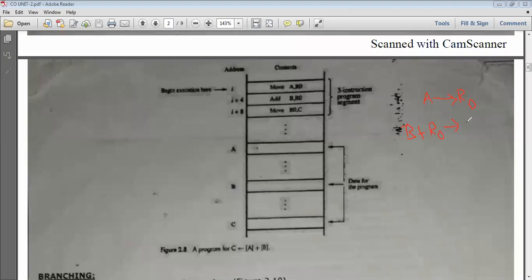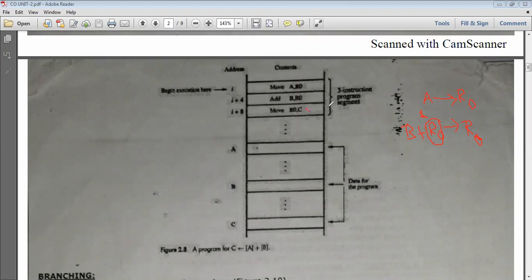What is the second operand? R0. So B plus R0 is done and the result is stored in R0. Here R0 is nothing but A only. So A plus B, the result is moved to R0.